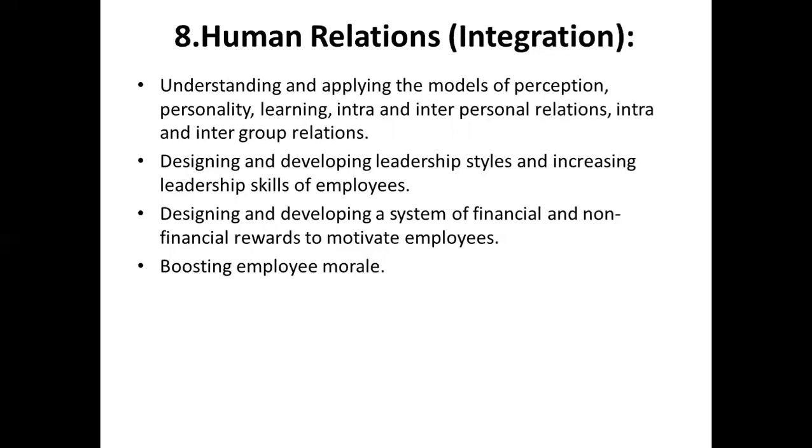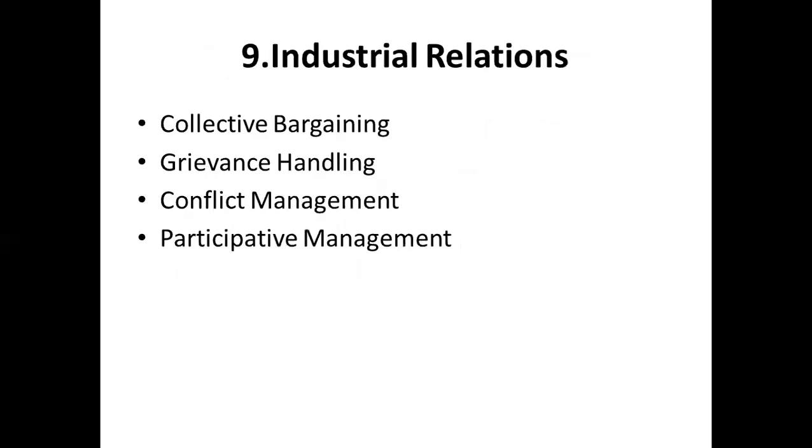We need to understand and apply the models of perception, personality, learning, intra and interpersonal relations, and group relations, and we need to have a good leadership style in order to maintain the morale of the employees. Financial and non-financial rewards should be given. Always the morale of the employees needs to be kept high.